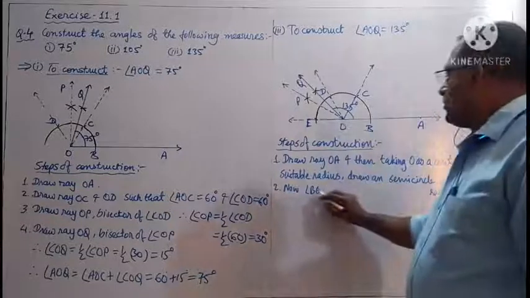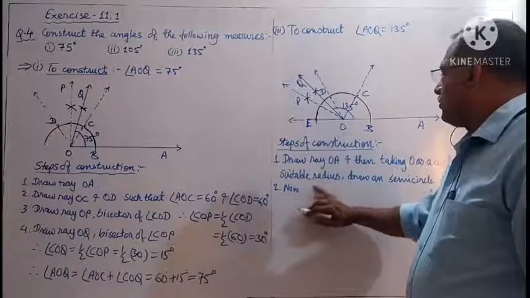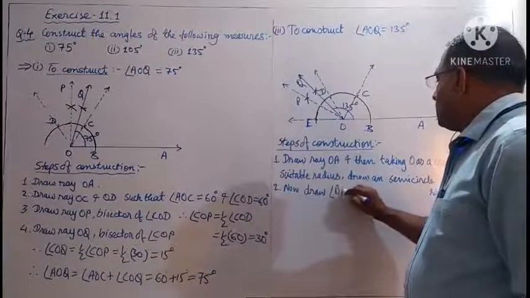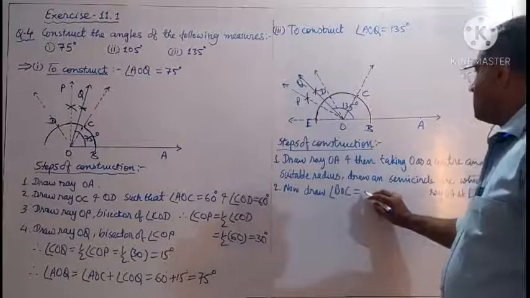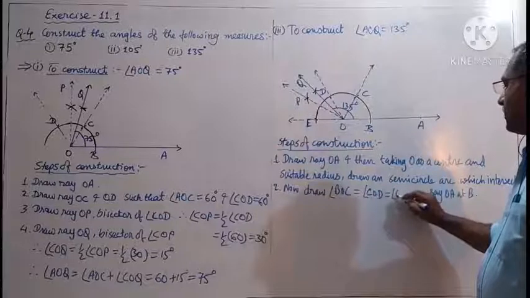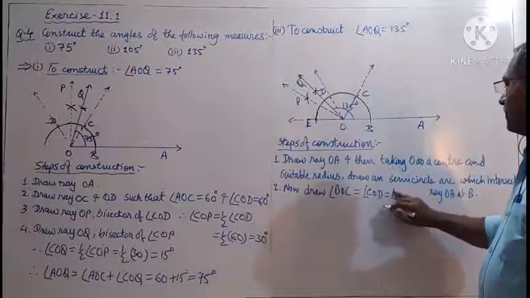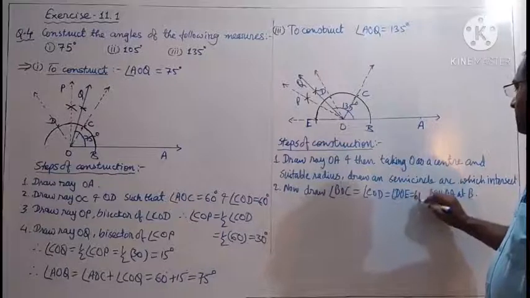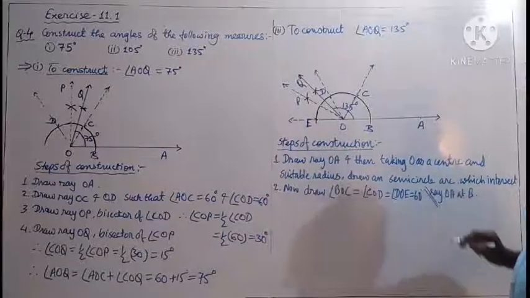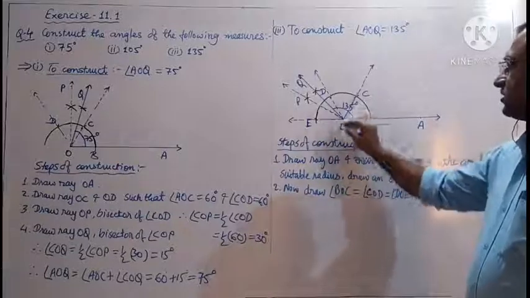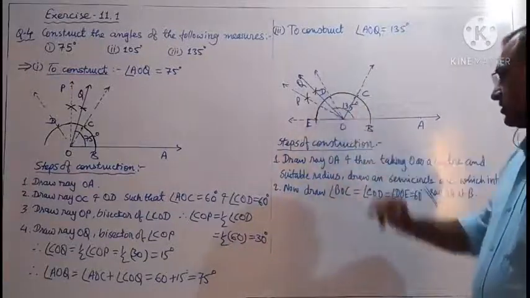So now draw angle BOC equal to angle COD, equal to angle DOE, and that is 60 degrees. So this is BOC 60, COD 60 and DOE 60.